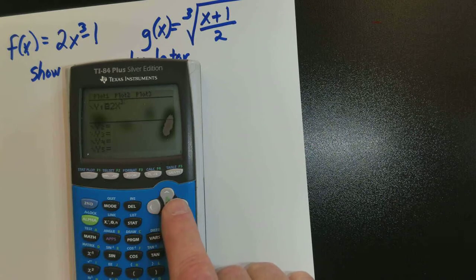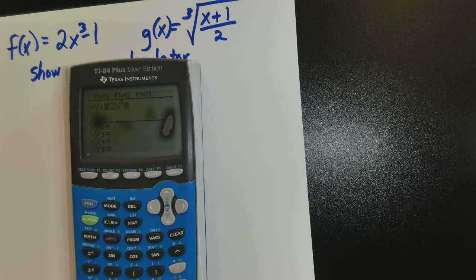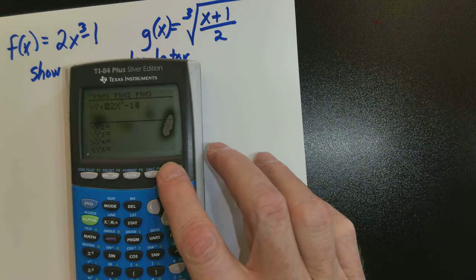I'm going to hit the right arrow so that I'm out of the exponent. Minus 1. 2x cubed minus 1. I'm just going to hit graph.